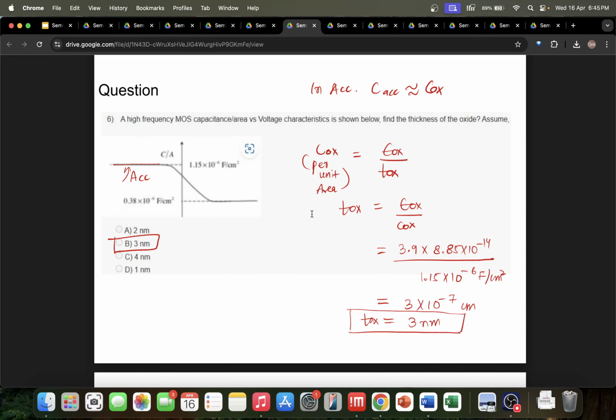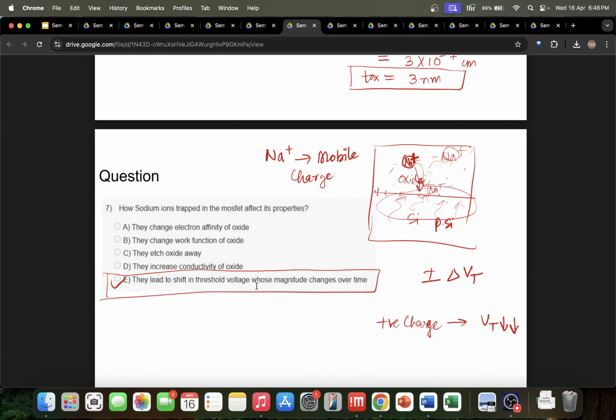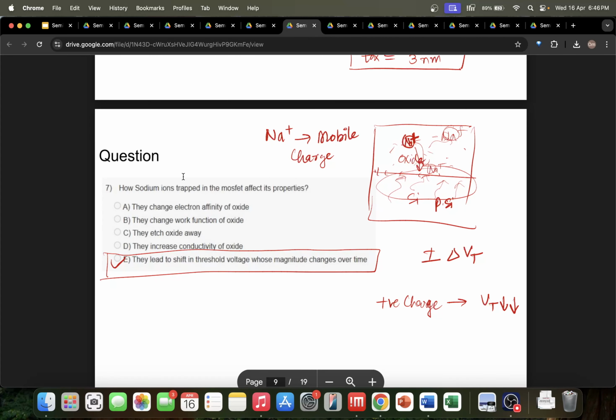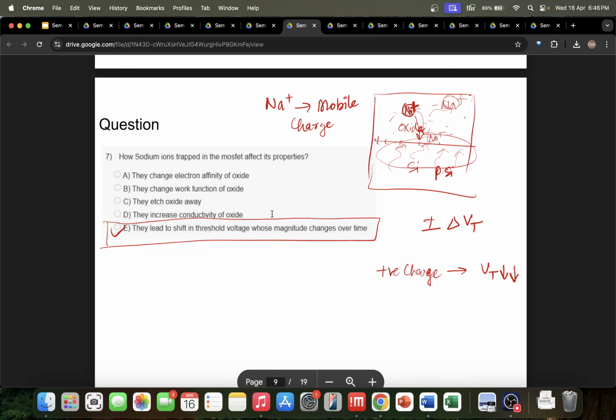It gives us a lot of information. So we determine from the CV curve epsilon over tox in accumulation, and tox can be determined through it. We studied the impact of charge carriers in the oxide, how they affect the threshold voltage, which is important.